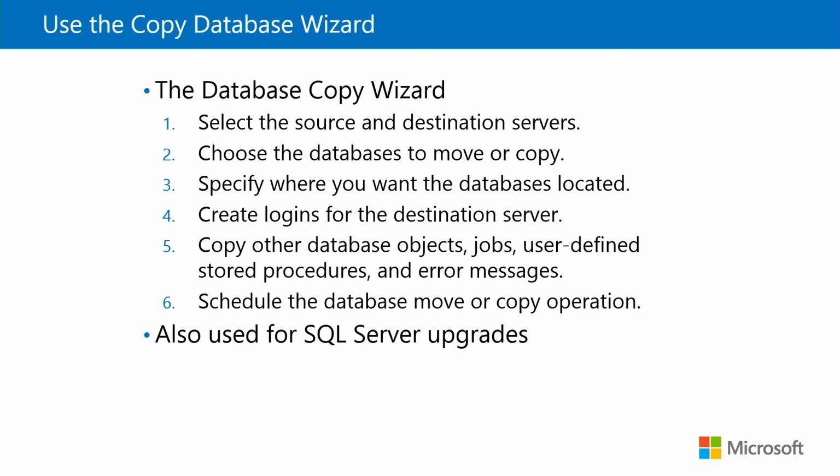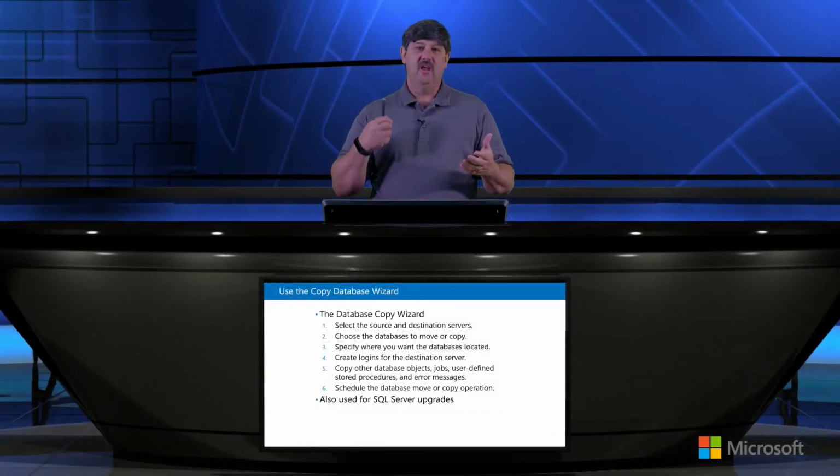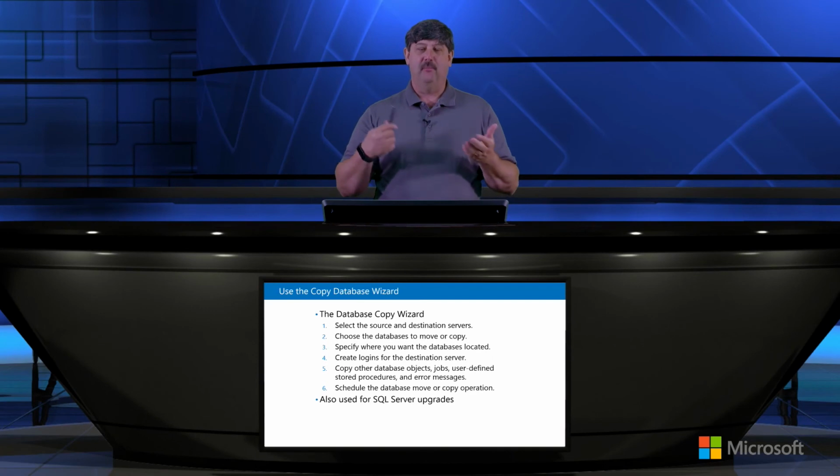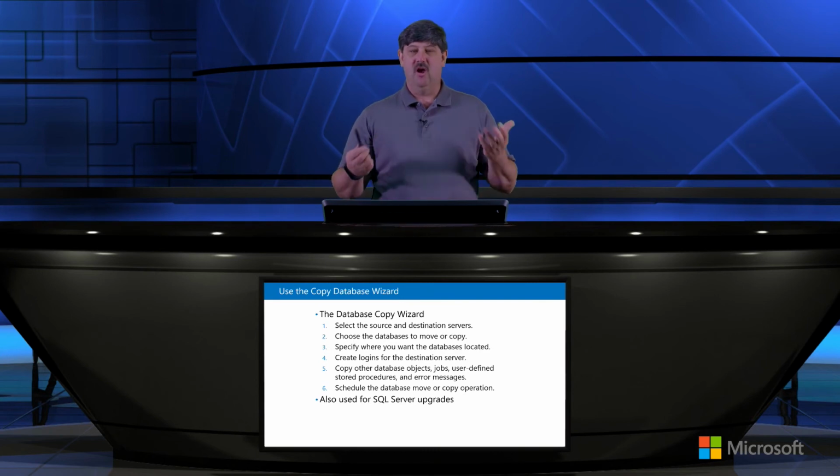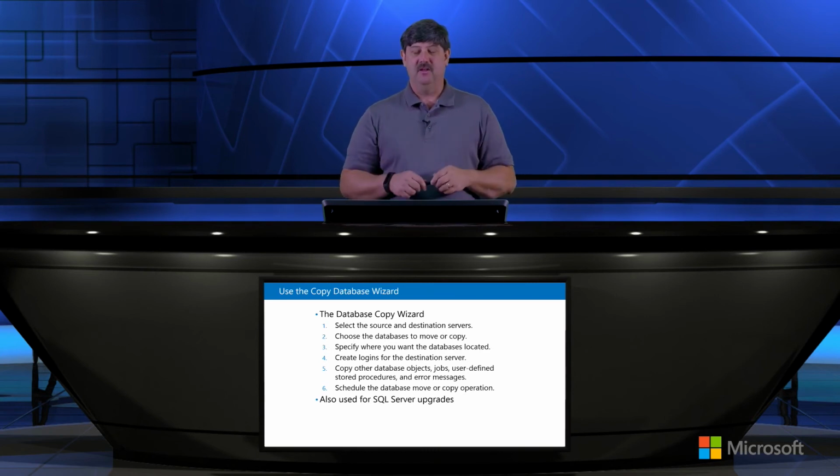One of the advantages that we have with using the database copy wizard is the ability for it to script the logins that are mapped to the users in the database. That way, if we're attaching this database or copying this database to a new instance, all of the users will be properly mapped to the SQL IDs, and you won't have any orphaned users. You can also choose what other objects to copy. You can choose to copy dependent objects.